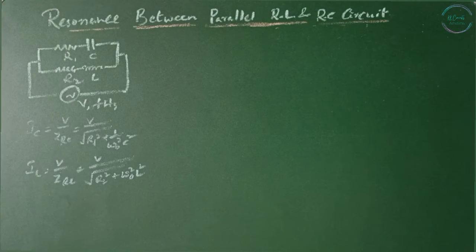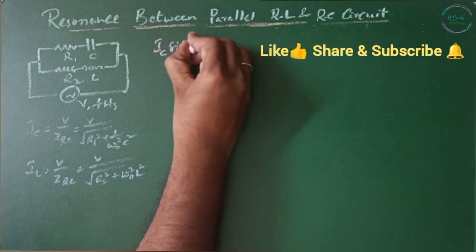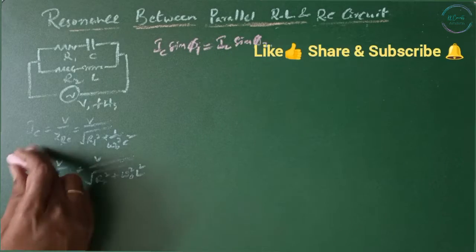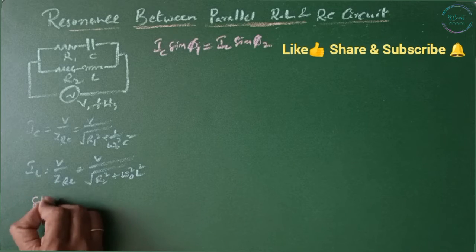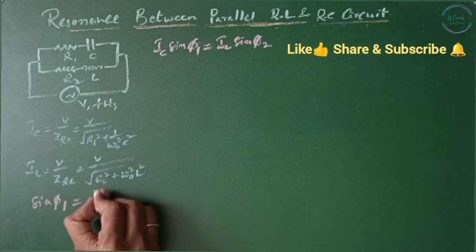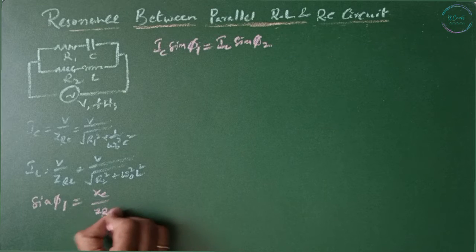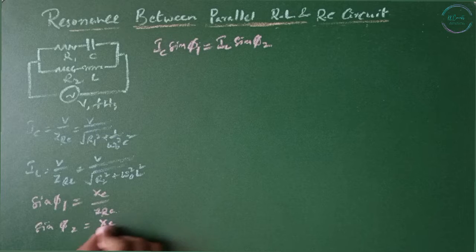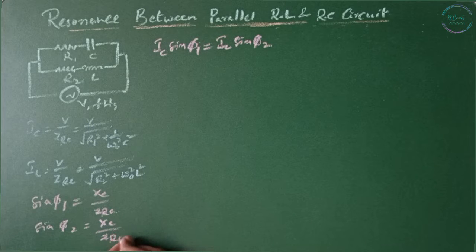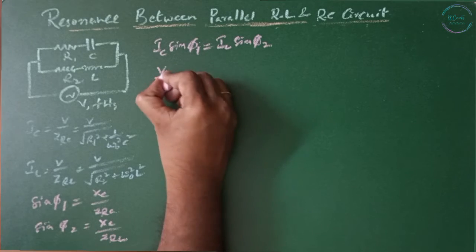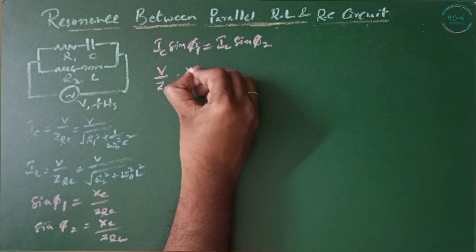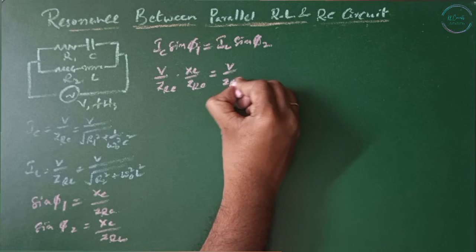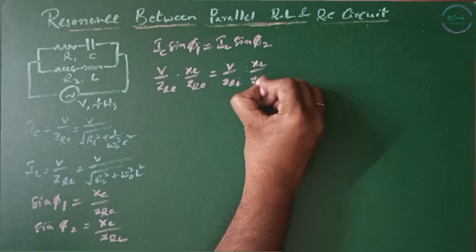Now, again in the same circuit, IC sin phi 1 equals IL sin phi 2. We know IC and IL. Now sin phi 1 equals XC divided by ZRC, and sin phi 2 equals XL divided by ZRL. Now substitute: V by ZRC times XC by ZRC equals V by ZRL times XL by ZRL.